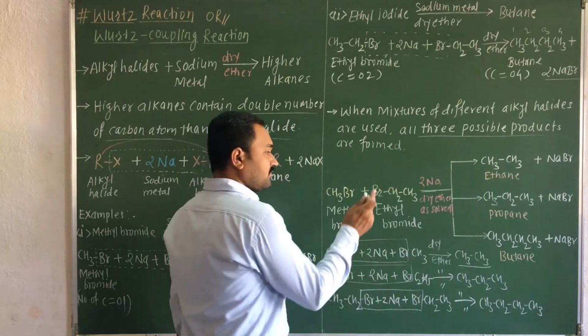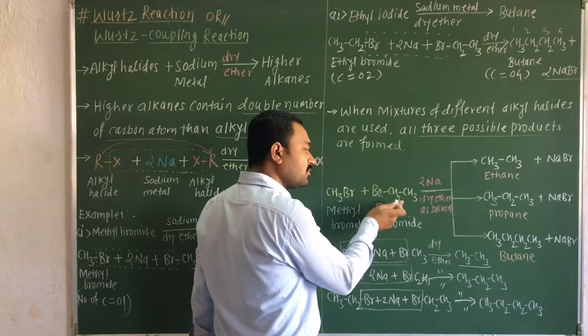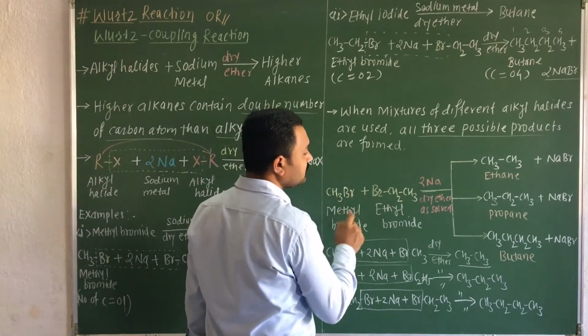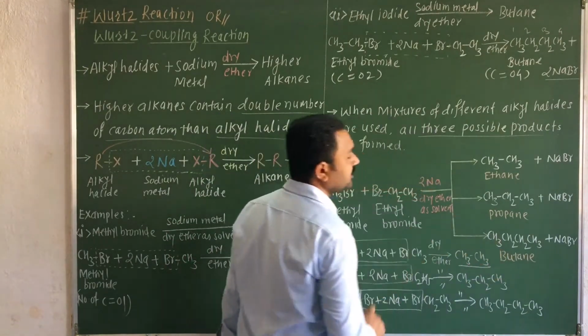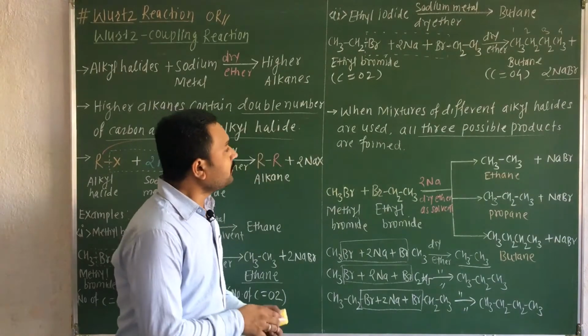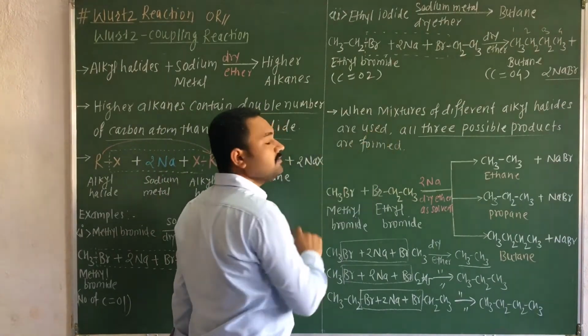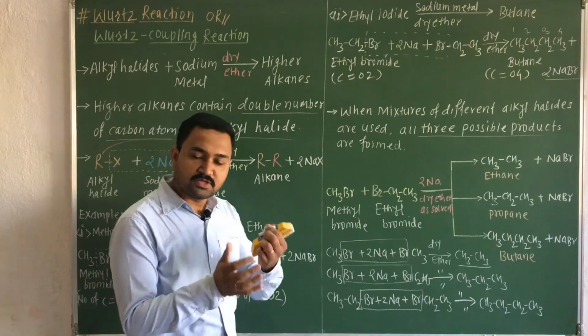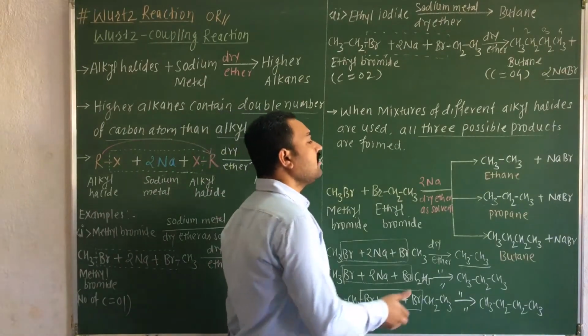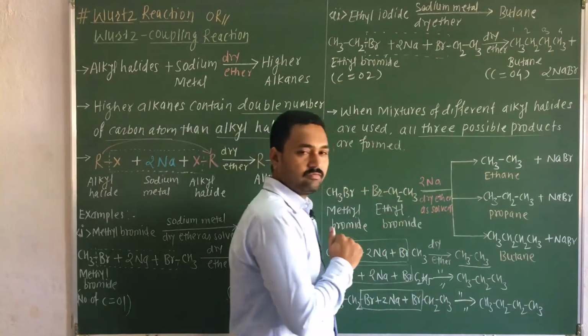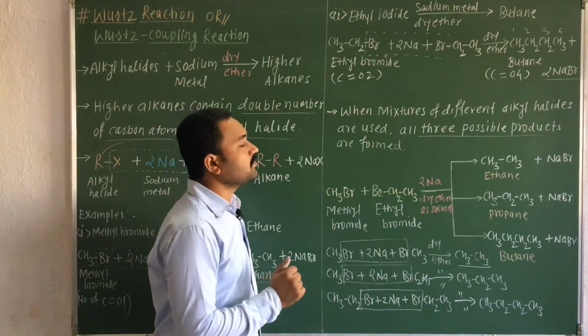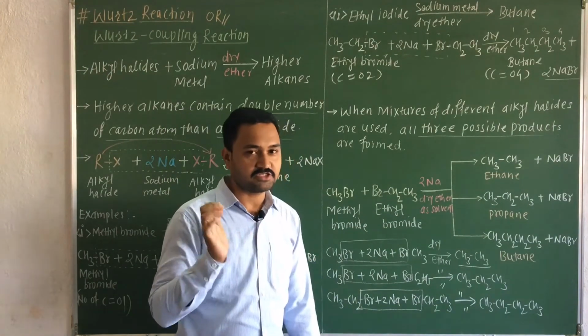So here one molecule of ethyl bromide reacts with another molecule of ethyl bromide and gives the product butane. So by taking different alkyl halides or a mixture of alkyl halides, we will get all possible products. Okay, so this is about the Wurtz coupling reaction.